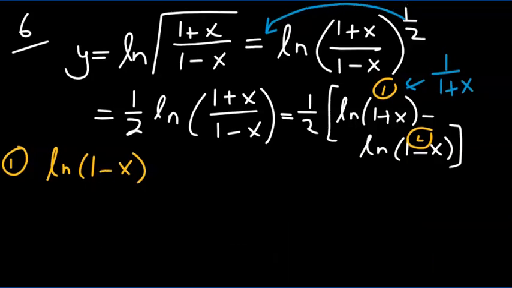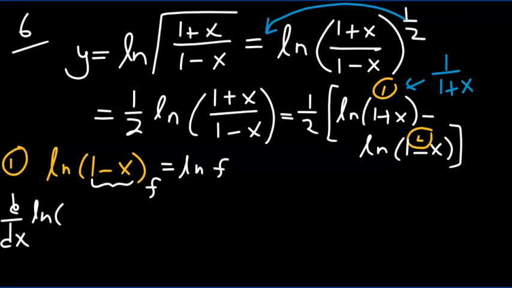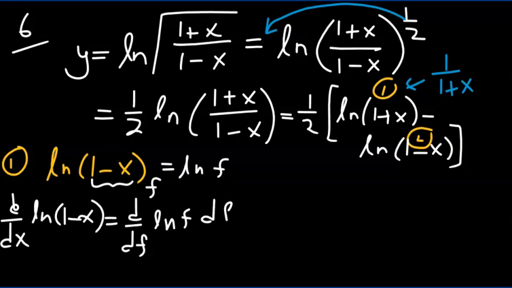The second term is natural log of 1 minus x, right there. So let's assume that 1 minus x is a function f. So natural log of 1 minus x is natural log of f. So d over dx of natural log of 1 minus x can be written as d over df of natural log of f, times df dx.